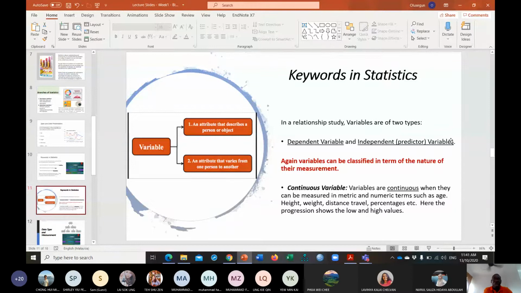So CGPA will be dependent on student performances. And what are the student performances? It is your test, how you do in assignments, how you do in exams. So these are three key things that determine your grade in each subject. And the accumulation of all these subjects determines your grade as a graduate. So our grade will become a dependent variable. Then the independent variables that are predicting that dependent variable are our performances in different assessments.